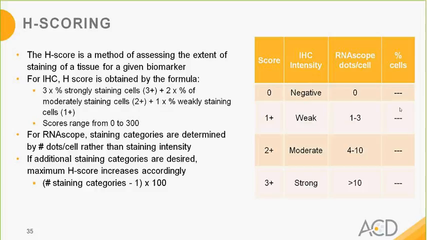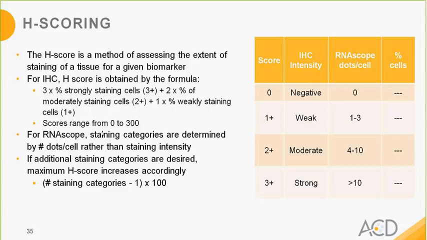For IHC, the H-score is obtained by the formula in this case, 3 multiplied by the percentage of strongly staining cells, plus 2 times the percentage of moderately staining cells, plus 1 times the percentage of weakly staining cells. And this provides a score range from 0 to 300.